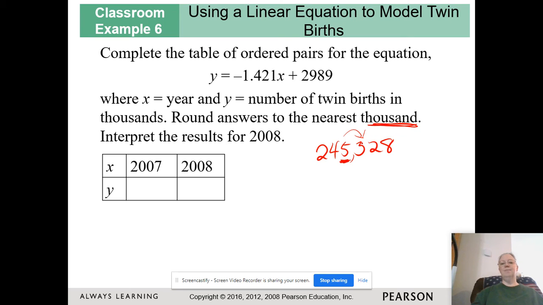If this is less than 5, we're going to keep this a 5. And if this is 5 or larger, we're going to round this up to a 6. So this number right here is smaller than 5, so we're going to keep this a 5. So 2, 4, 5, 0, 0, 0. This would be rounded to the nearest thousand. Clear. Now we're going to do this actual problem.